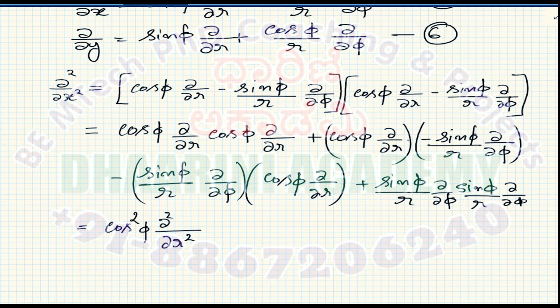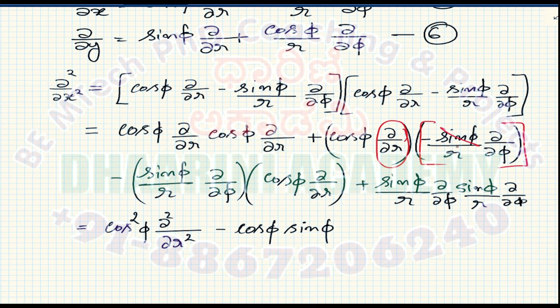Let's go to the next term, wherein I can see that cos phi and sin phi are constant with respect to dou by dou r. I'll take them out. So minus cos phi into sin phi. Now I apply this dou by dou r to this.